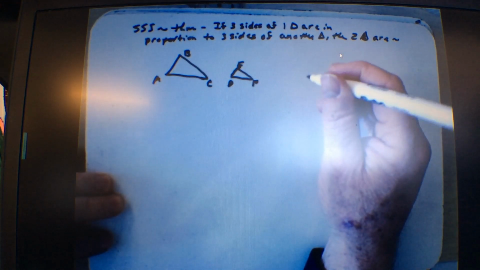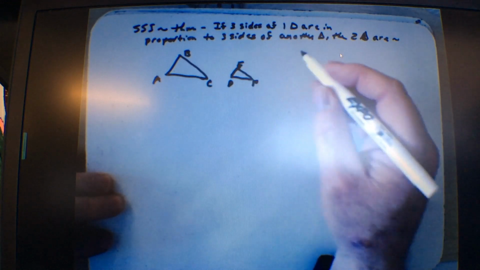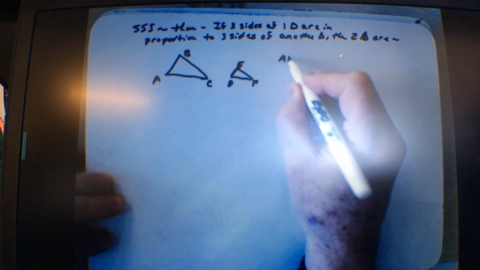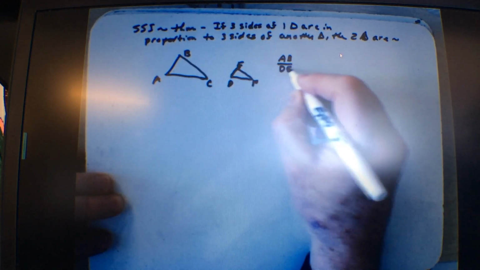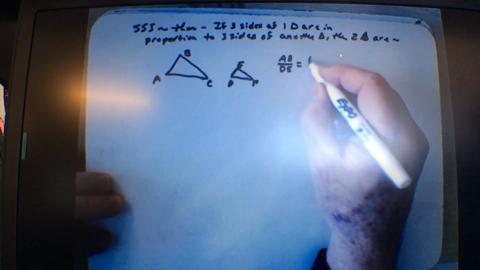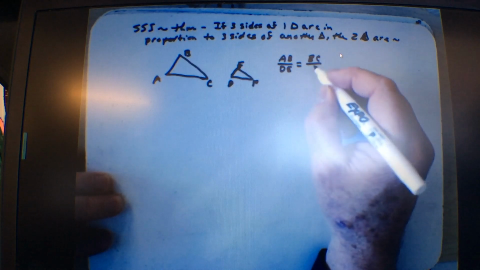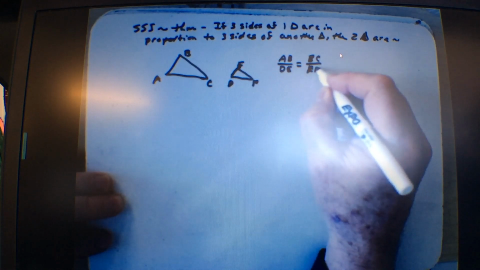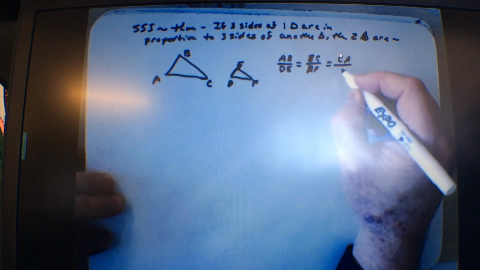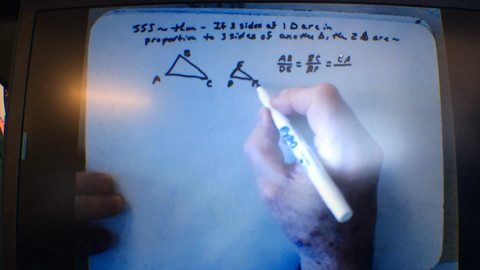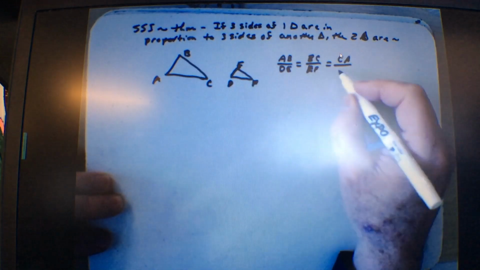That's something that we haven't done a lot of, but you take the largest over the largest. So in this case, AB over DE would equal BC over EF equals CA over, this is F, FD.